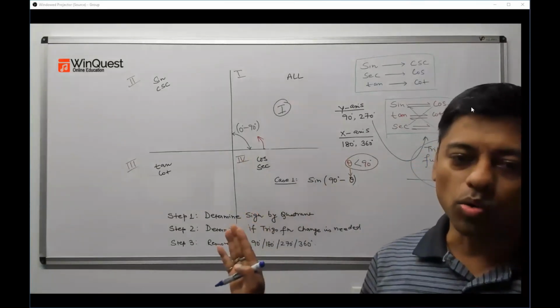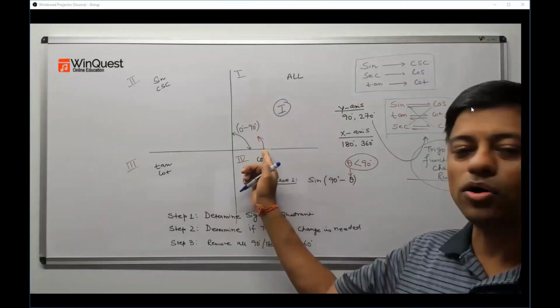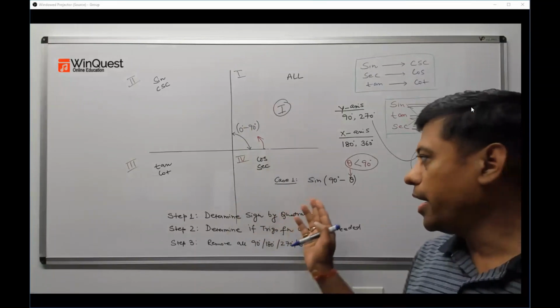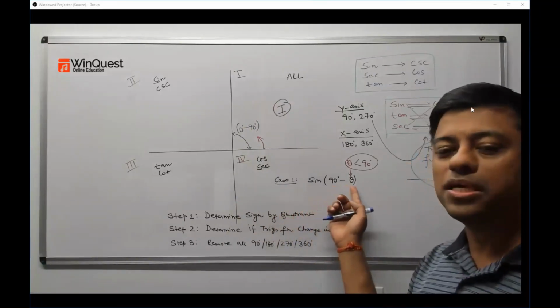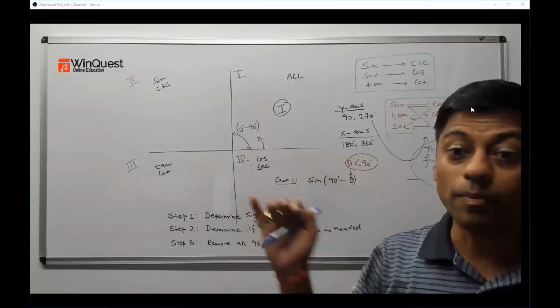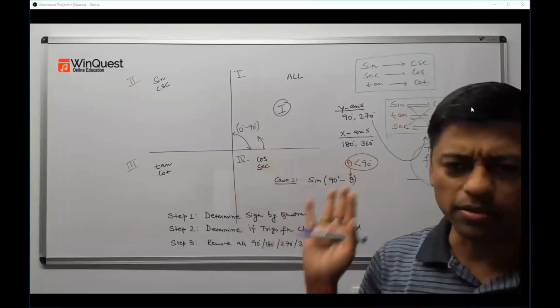When we think about which quadrant it is going to, first I put my dot here and go anti-clockwise. You think 90 minus theta. I have already told you theta is less than 90. It cannot bypass 90. So maybe it is 89 degrees. Fine, no problem.